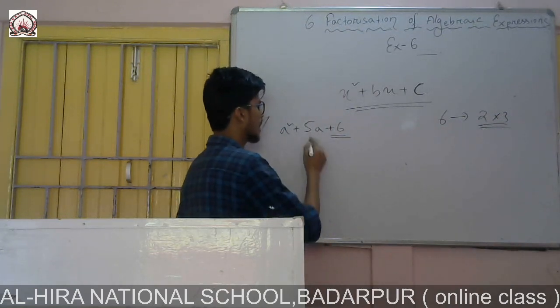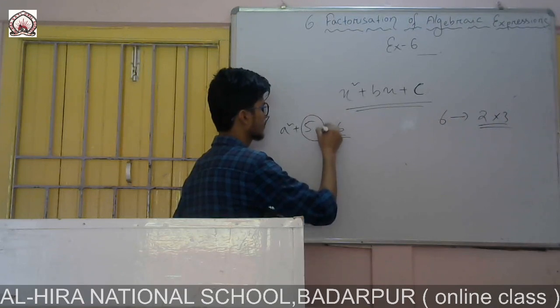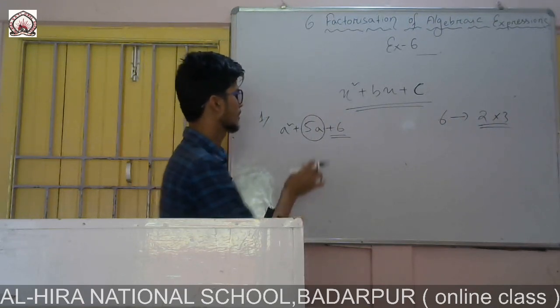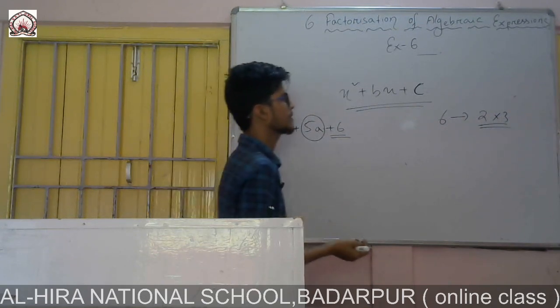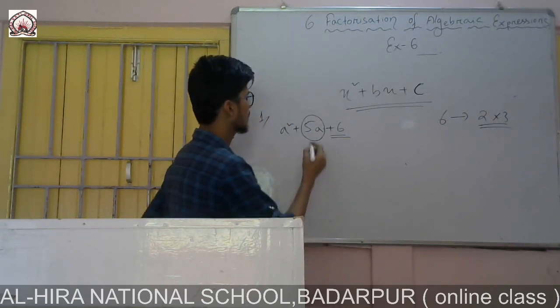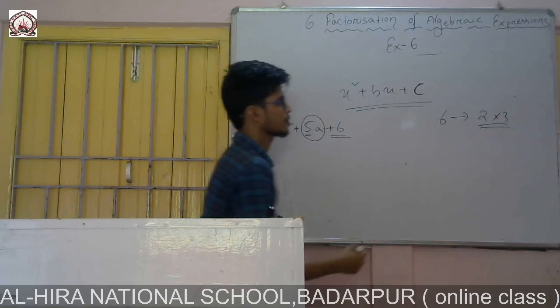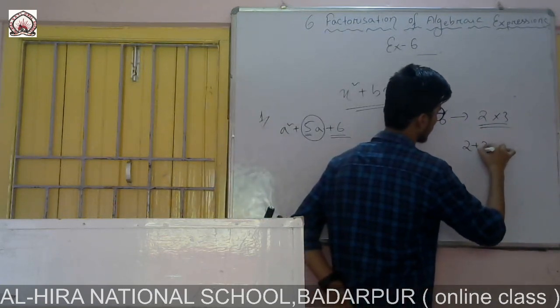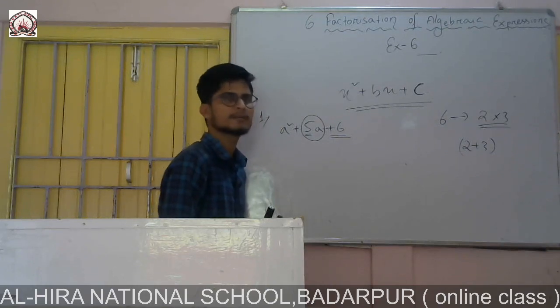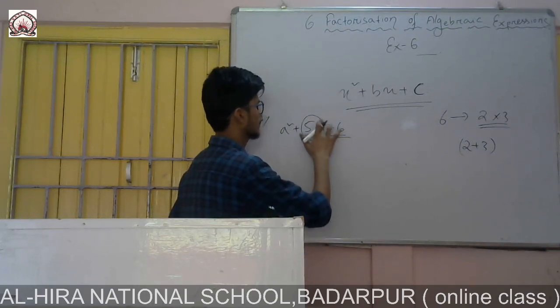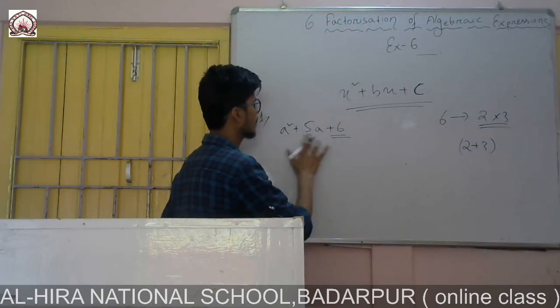Okay. So now I have to arrange this 2 into 3 in such a way that by giving plus sign or minus sign, the answer comes 5. So if I write 2 plus 3, the answer will be 5. So first of all you will take out the product.